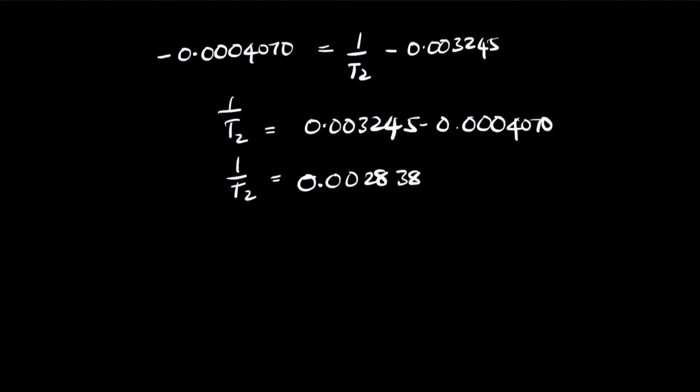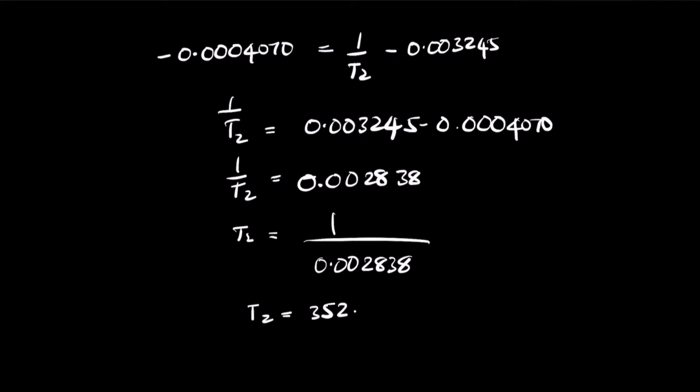Now we need T2, so T2 becomes 1 over 0.002838. The inverse of that value is 352.37 Kelvin.